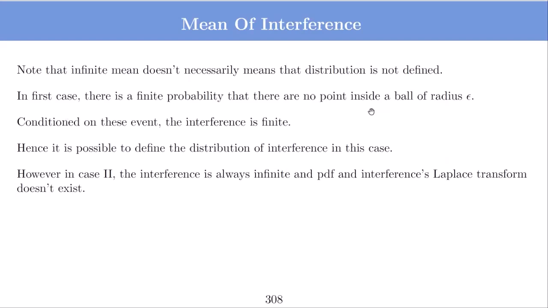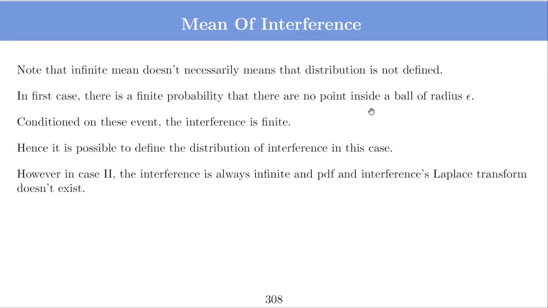However, in the second case, the interference is always infinite, right? There is no probability that interference will be finite, because if you try to compute the probability that there is no point outside this ball of radius r, that is going to be 0, because there is an infinite area outside this ball, right? So if you try to compute the void probability, it will come out to be 0.